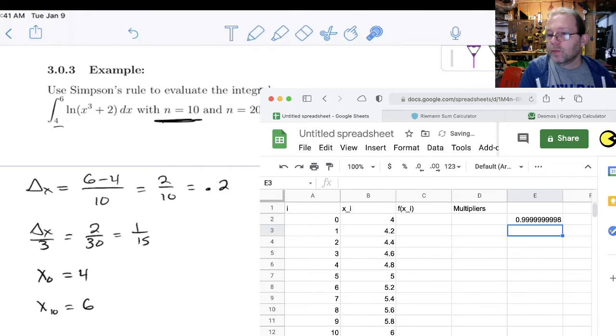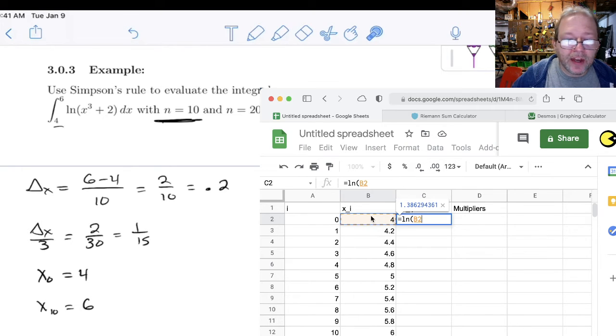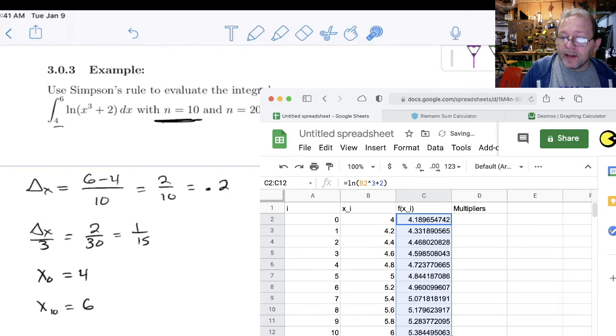That should give us 1 essentially. So ln is correct. So equals ln of x cubed, so this guy to the third power, plus 2. It gives us that. So I'll paste that down.